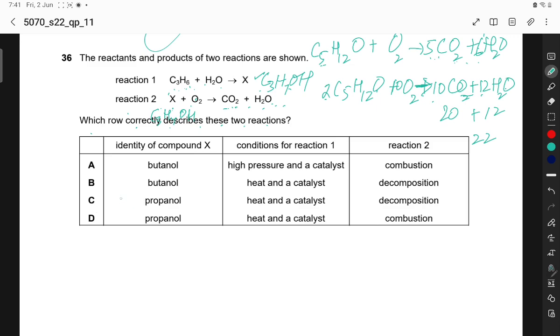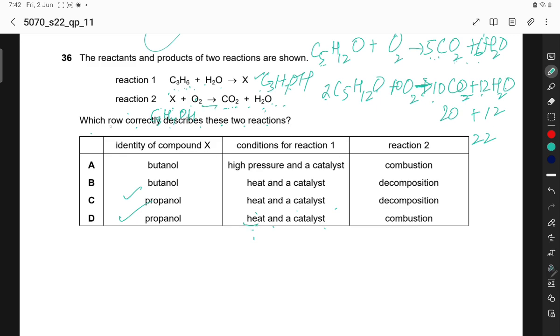So this is propanol, with heat and a catalyst, propanol plus oxygen, heat.